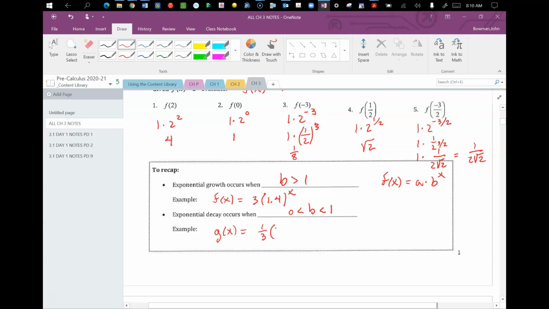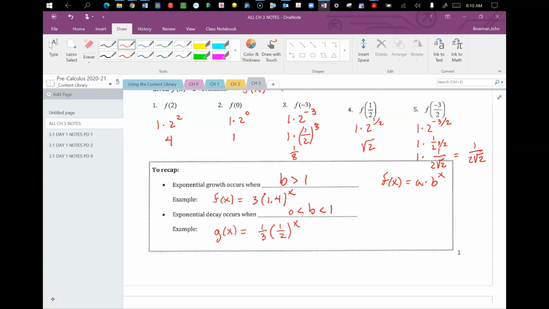Even though the base is not 1, that's okay. That does not determine whether or not it's growth or decay. It is the 1/2 that determines whether this function is growth or decay, not the 1/3. The 1/3 is just the initial value.